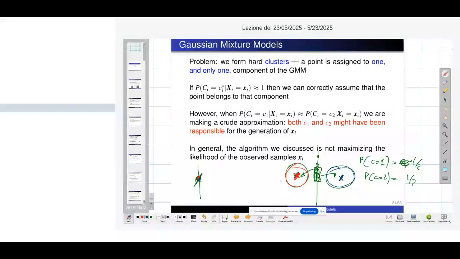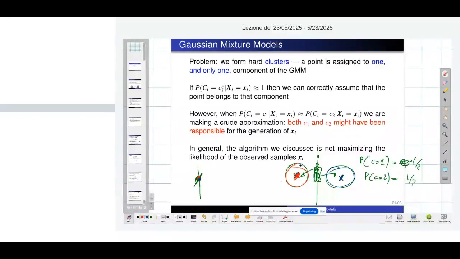We will be splitting our points, and in a case like this, our split will correspond to saying that half of this point belongs to the red class, so I will use half of this point to estimate the parameters of the red Gaussian, and half of the point to estimate the parameters of the blue Gaussian. This will give us, we will see, a solution that works much better.